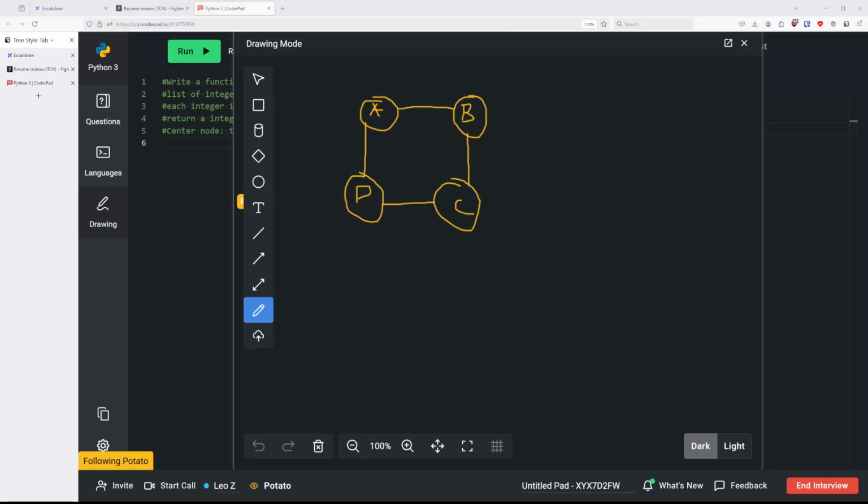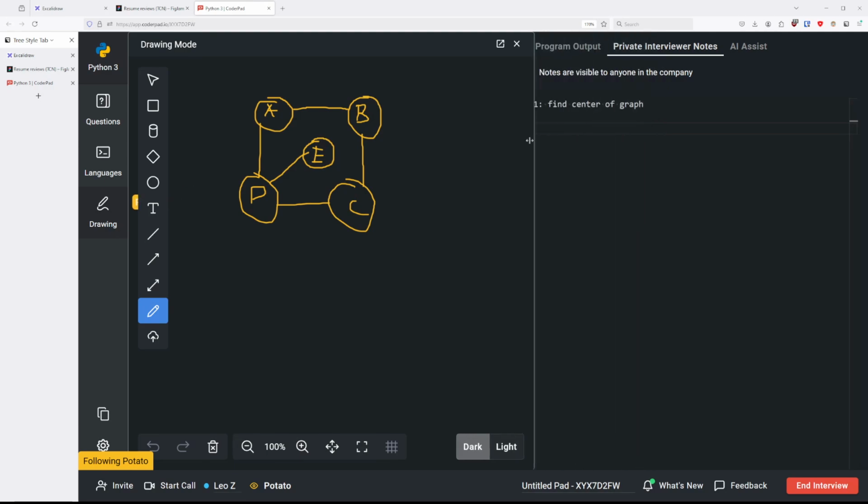And the center node has connected to every other node. So let's say here we would have the center node, maybe just call it E. The center node will be connected to every other node in the graph.